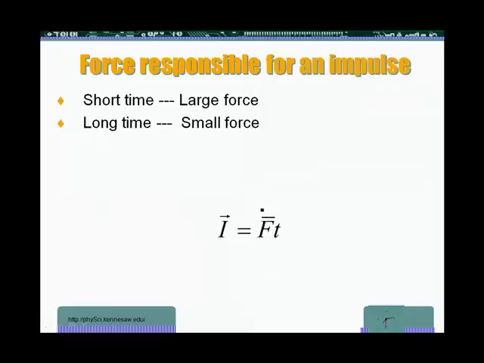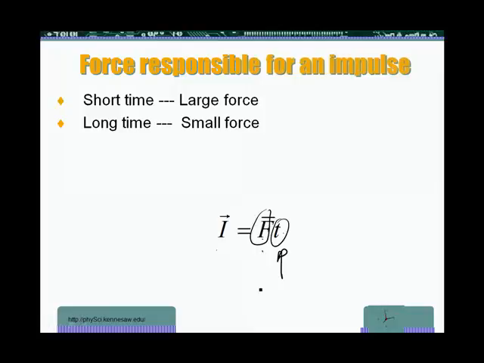Before we get to that, look at one thing in this equation. We have the impulse, average net force times time. The equal sign tells us that if t is small, then F is large for the same change in momentum. If t is large, F is small, again for the same change in momentum.